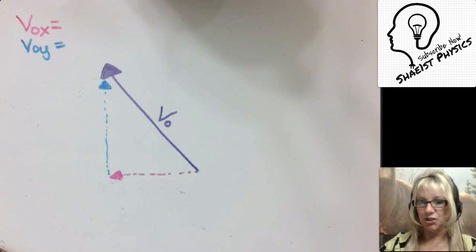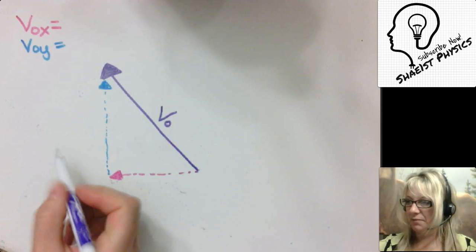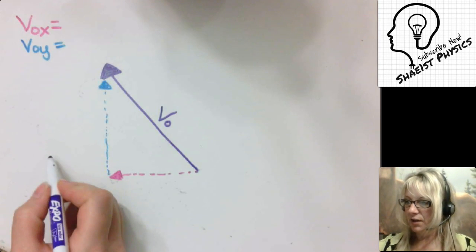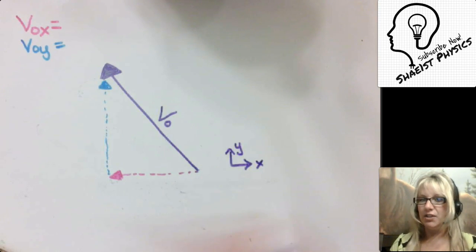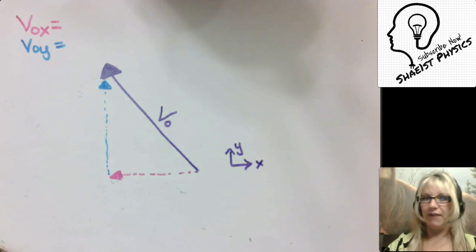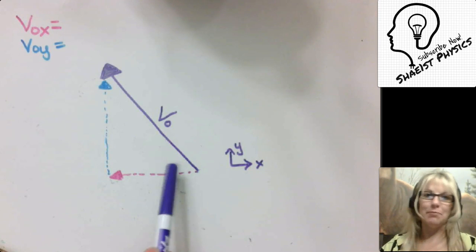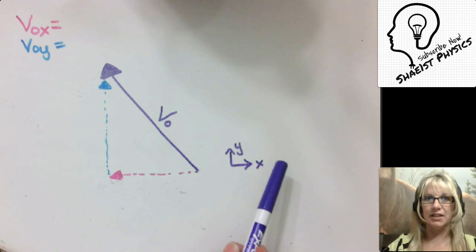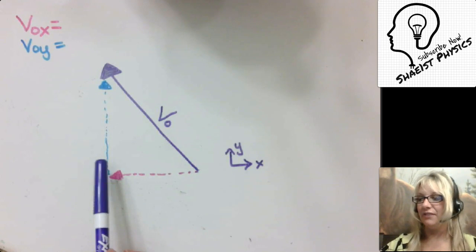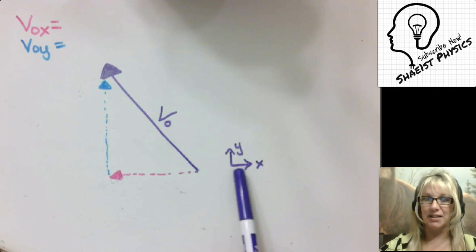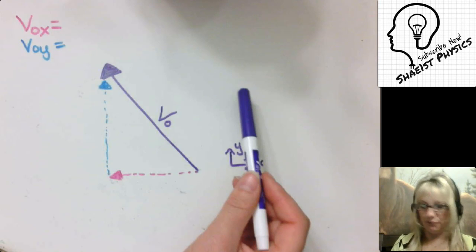And as always, I just want to keep an axis in mind so I can define what is positive and what is negative. So this axis is telling me if I'm moving to the right, I'm positive x. If I'm moving to the left against the axis, I'm moving in the negative direction. Upwards is positive y, downwards is negative y.